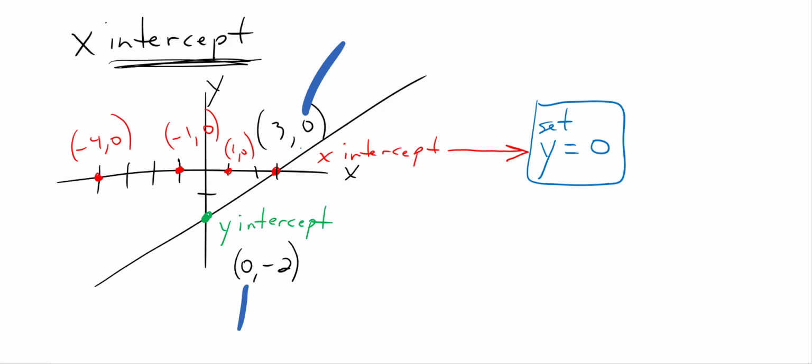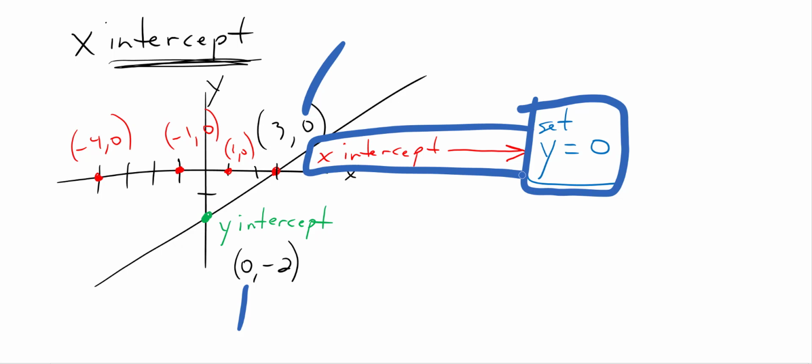In other words, the x value can be anything. It's going to cross the x-axis someplace at whatever number, but the y has to be 0. Look at every one of these points, the y value is 0. So this is super important: when you find the x-intercept, you set y equal to 0.